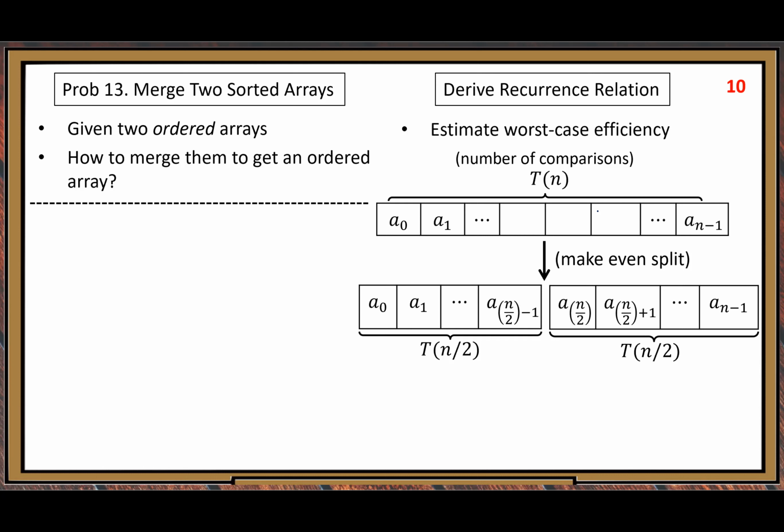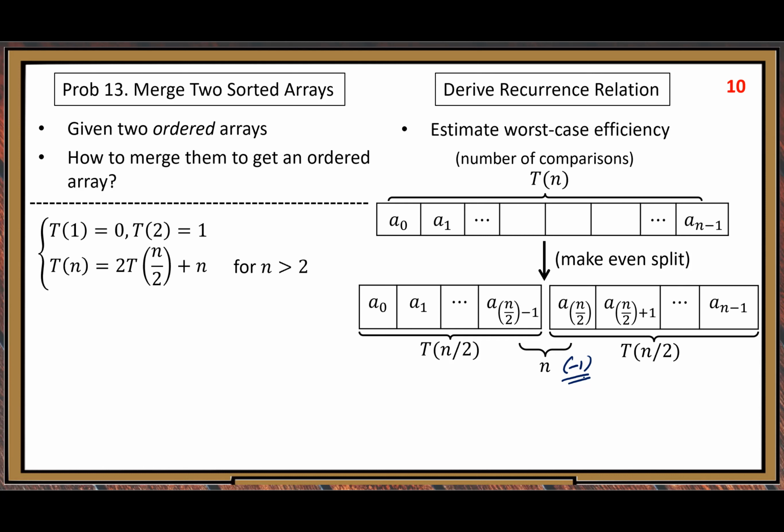We just derived it in the previous slide: the total number of elements minus 1. That's the number of operations in the combine step. Actually, it's n minus 1, but for simplicity, we can use n, the total number of elements. Although we need n minus 1 operations, this minus 1 is too small, so we can drop it.